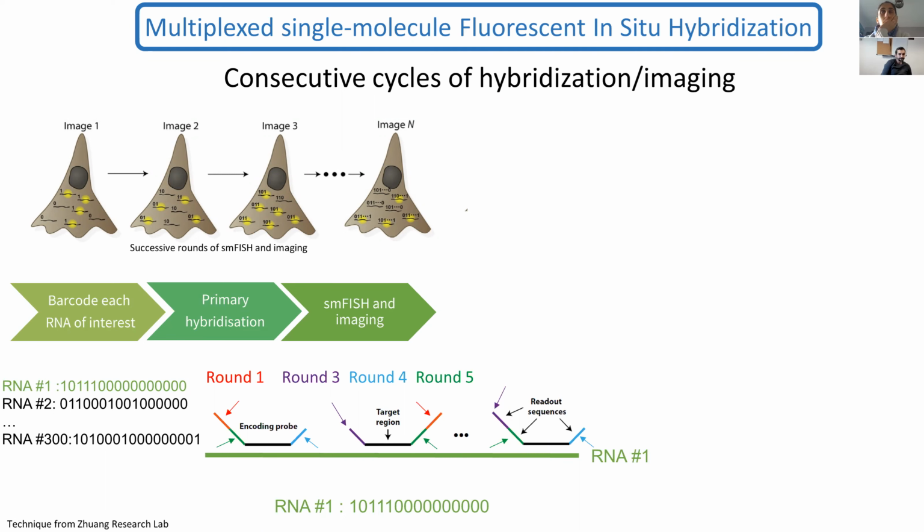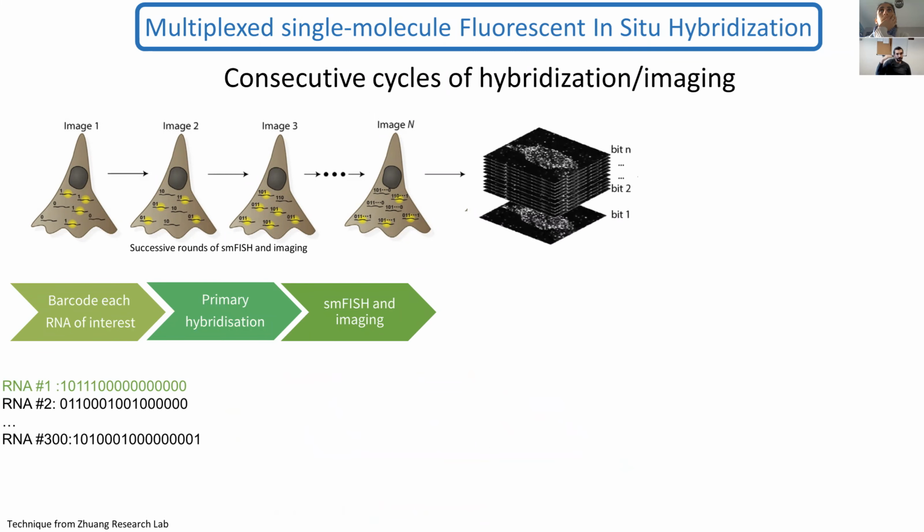Just to summarize, what you do is you perform a hybridization that recognizes one RNA. You take a picture, and then you bleach your signal and you repeat this several times. How many times do you repeat this process? You repeat it 16 times if your code is a 16-bit code. So you perform hybridization and you take a picture.